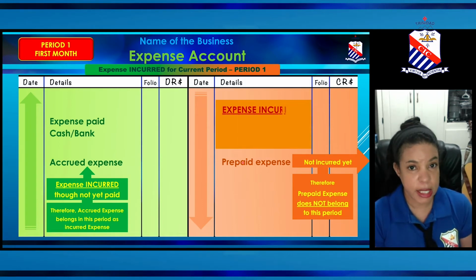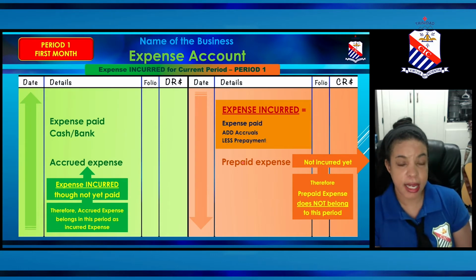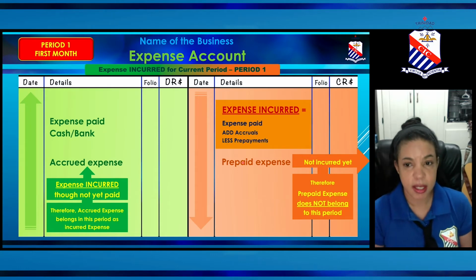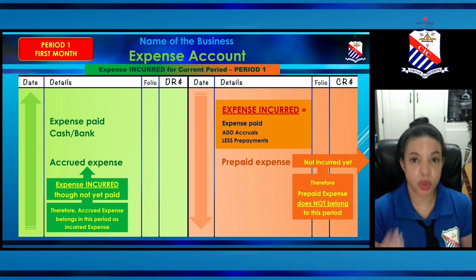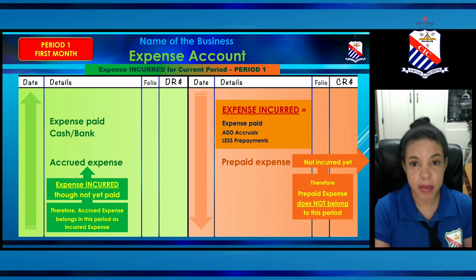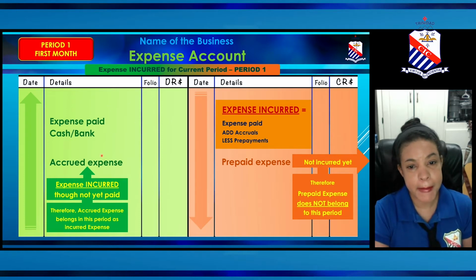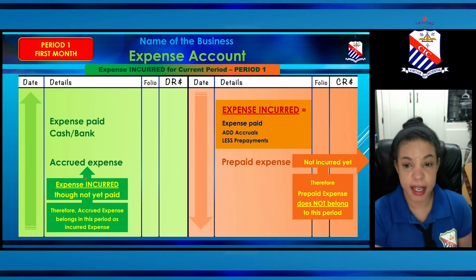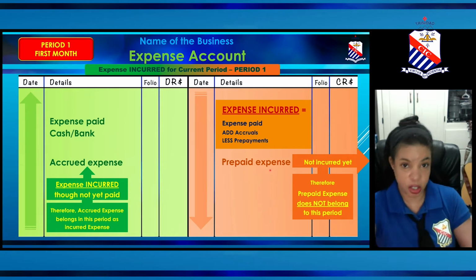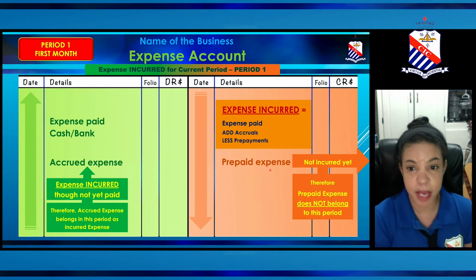There is one more item that goes on the credit side, and that is basically your expense incurred, which is what we were talking about all the time. Your expense incurred is your expense paid, add your accruals, which we are doing because it's on the debit side, less your prepayments, which we are doing because it's on the credit side, or the side that decreases the expense.